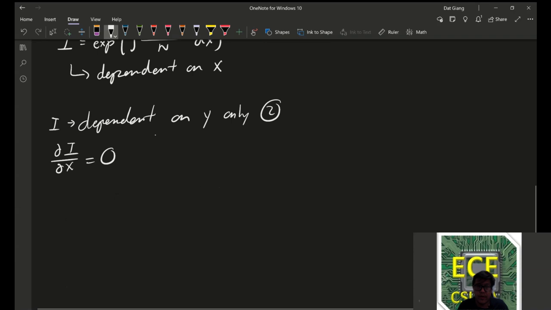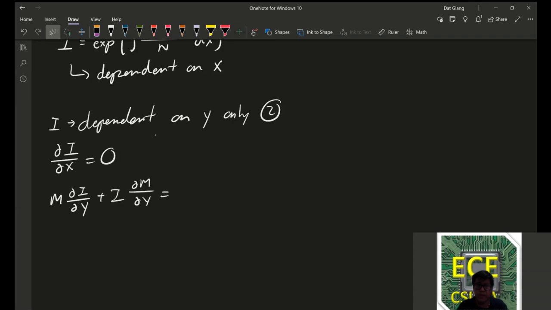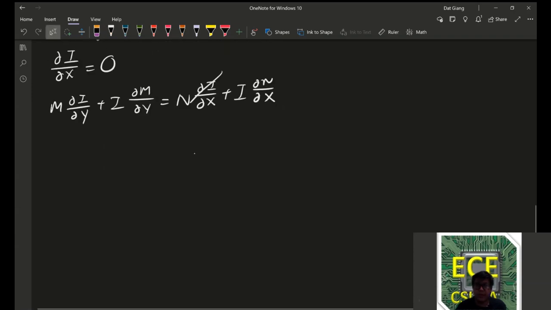So we write our relation again: M partial I partial y plus I partial M partial y equal to N partial I partial x plus I partial N partial x. This one goes to 0, goes away.